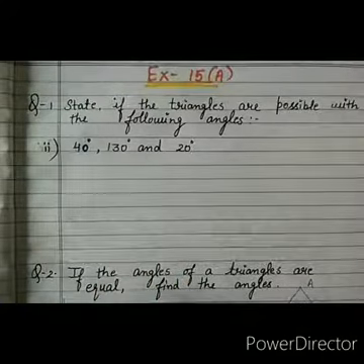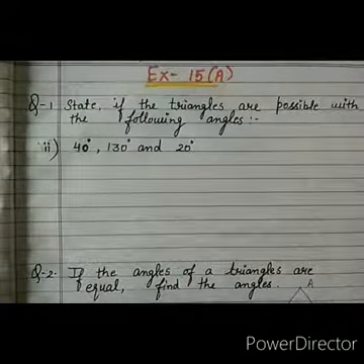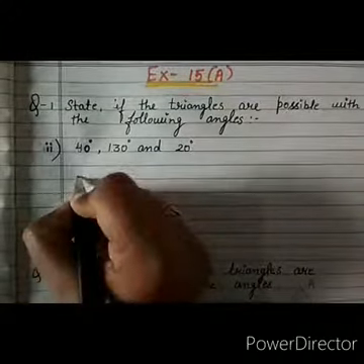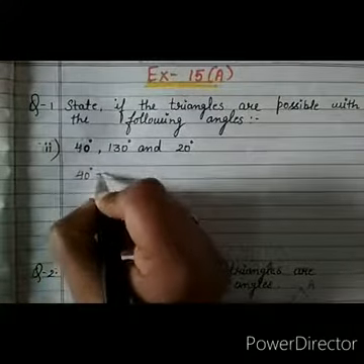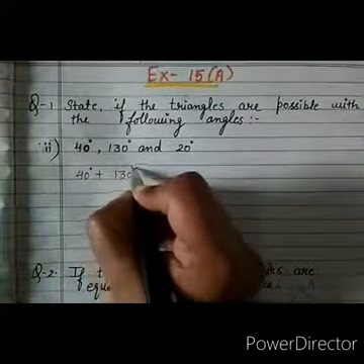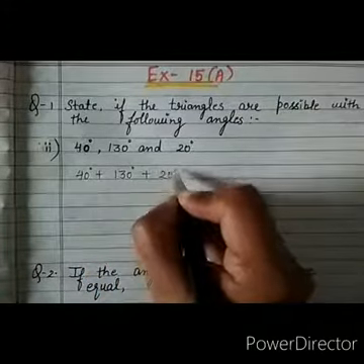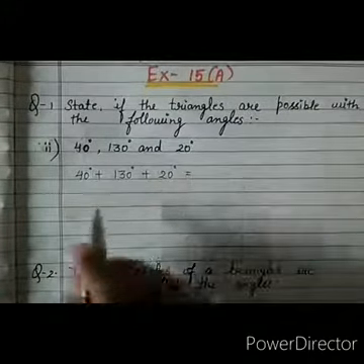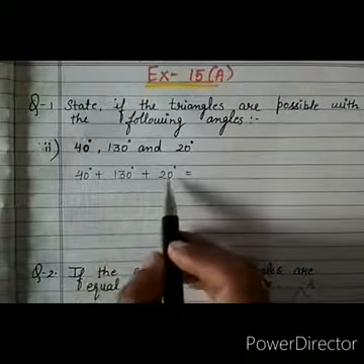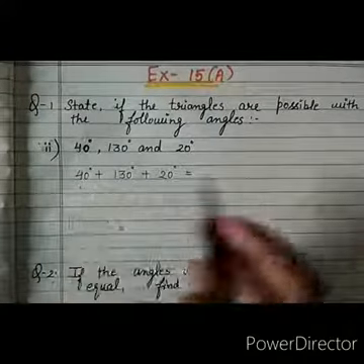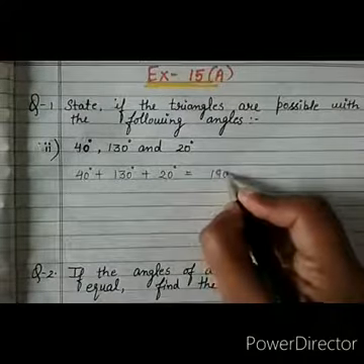For that, first of all we have to add the given angles. So here 40 degrees plus 130 degrees plus 20 degrees. When we add them, we have 130 plus 20, 150, and 150 plus 40, 190 degrees.